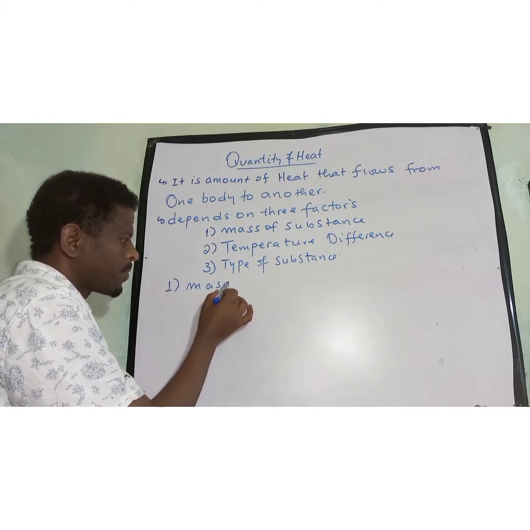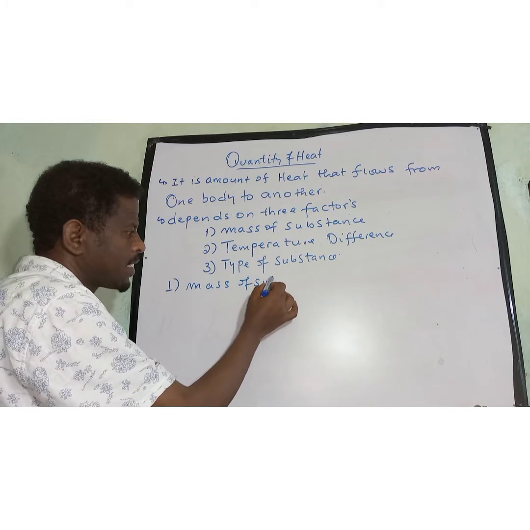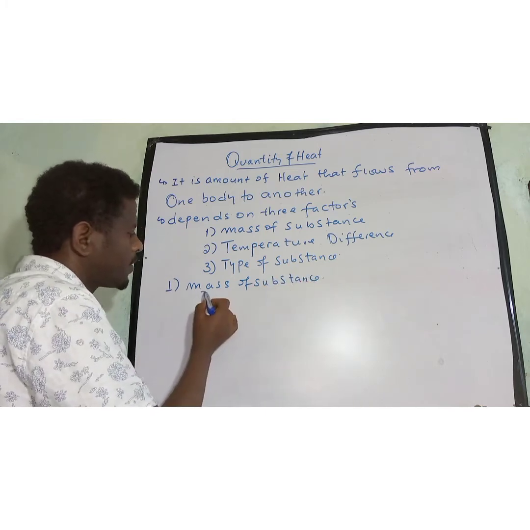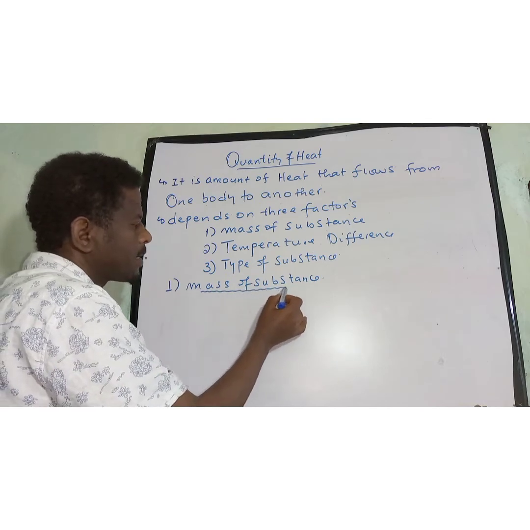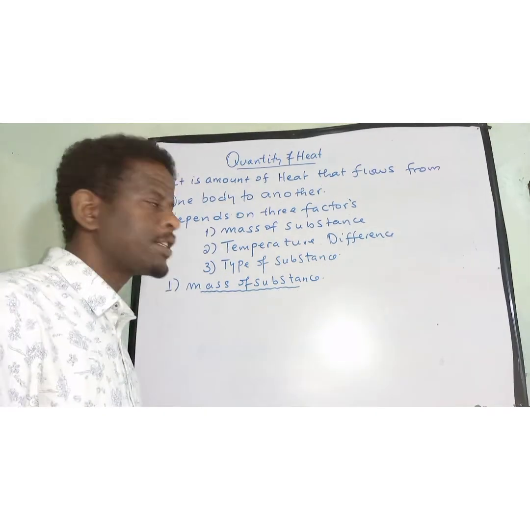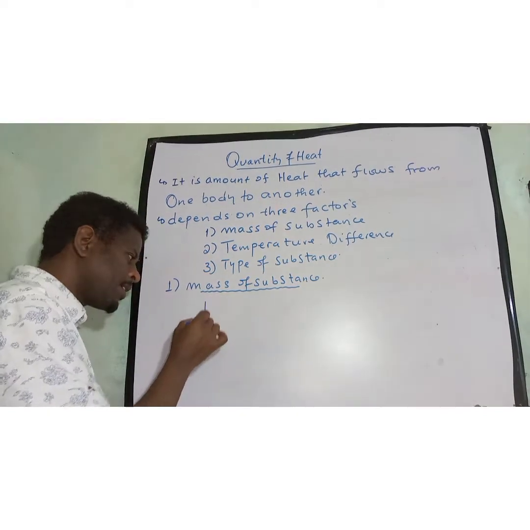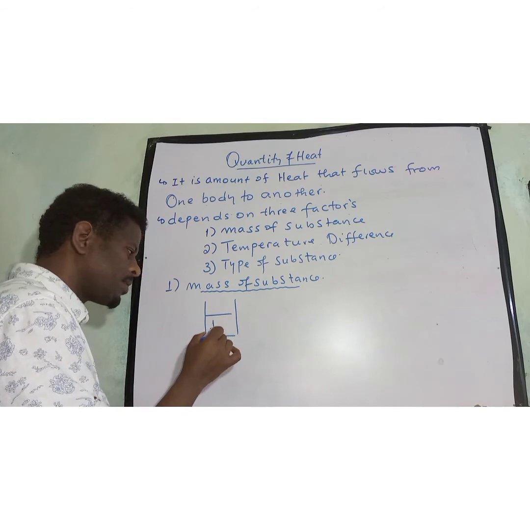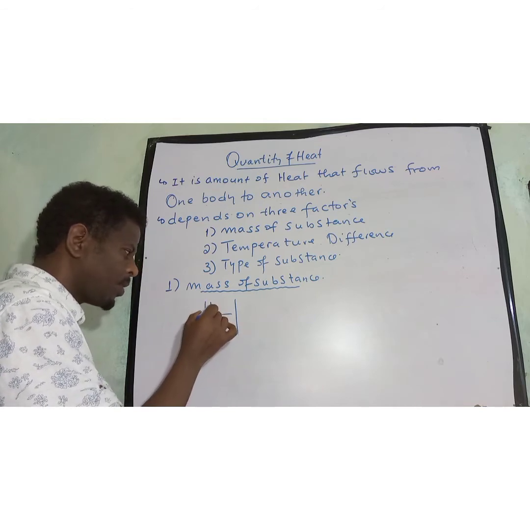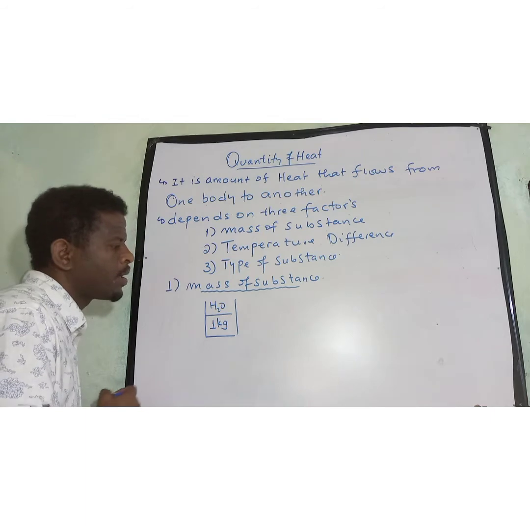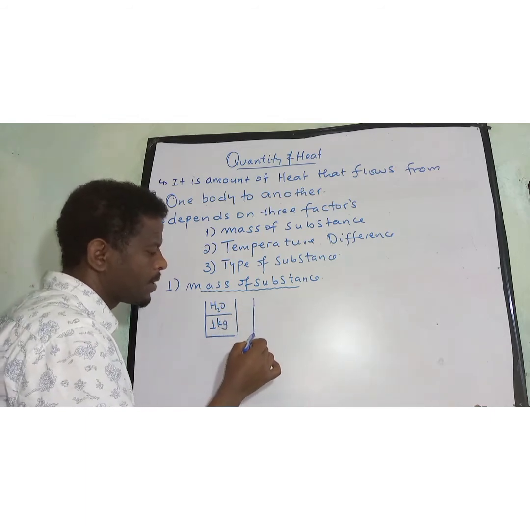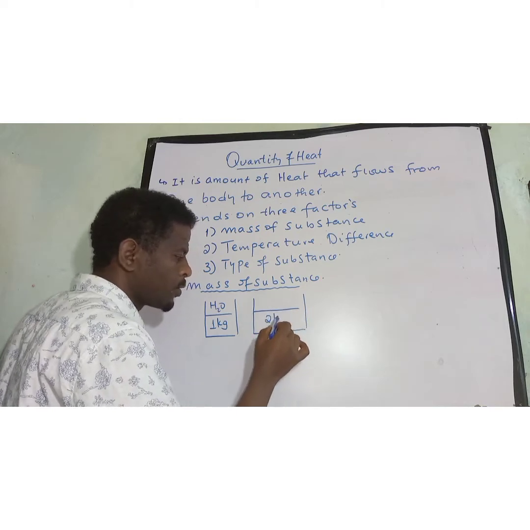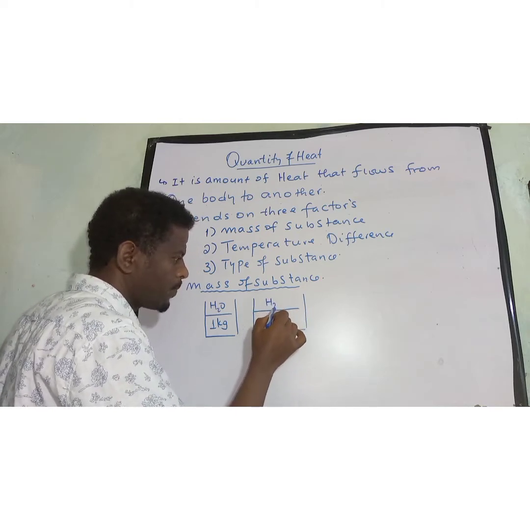How does mass of substance affect the quantity of heat? As an example, let's take two cases. The first one, 1 kilogram mass of water, H2O, and the second one, 2 kilograms of water, H2O.